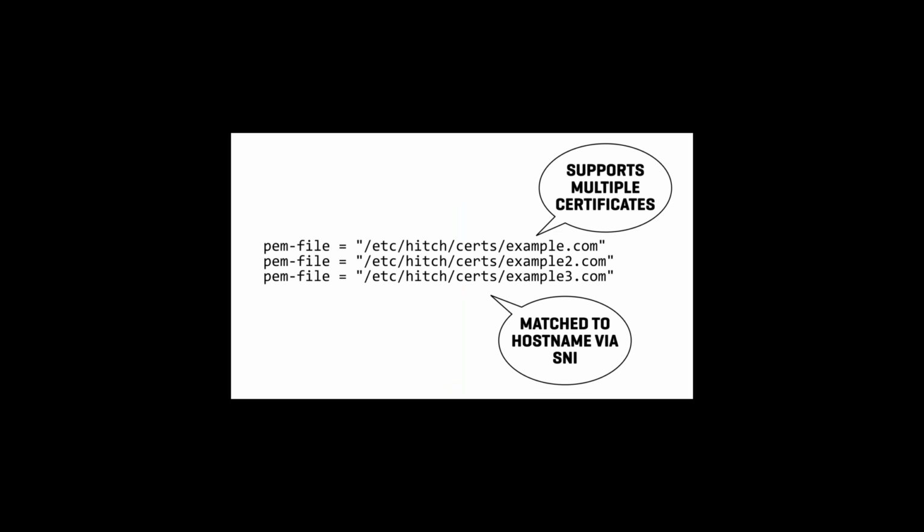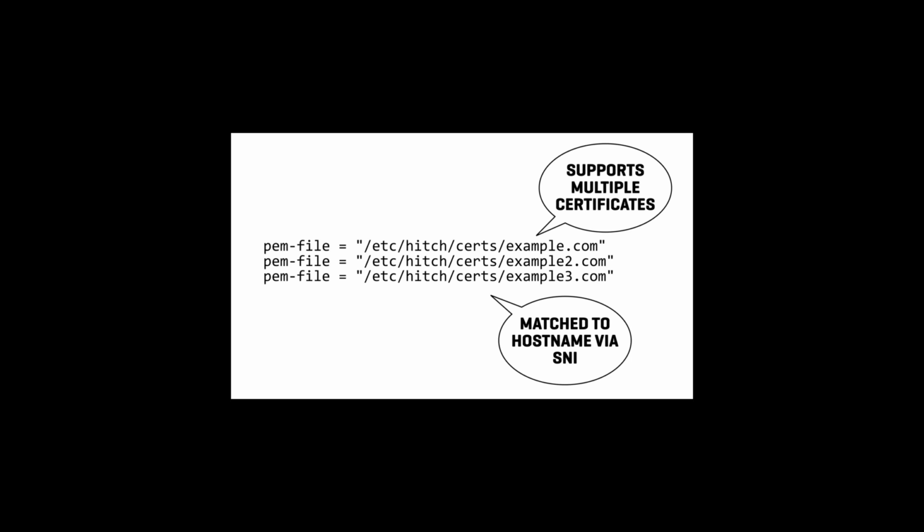In case you have multiple certificates, you can issue multiple pem-file directives and point them to different files on your disk. The interesting thing is that we will automatically match them to the right host name of incoming connections. This protocol called SNI, Server Name Indication, will allow us to inspect the connection, figure out what host you're trying to connect to, and match it to the right certificate. You have different ways of configuring it.